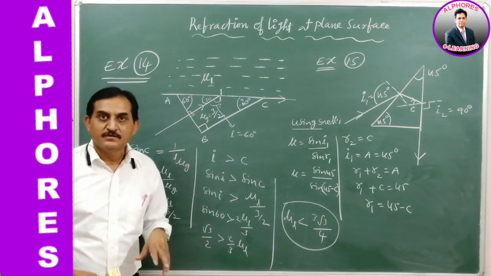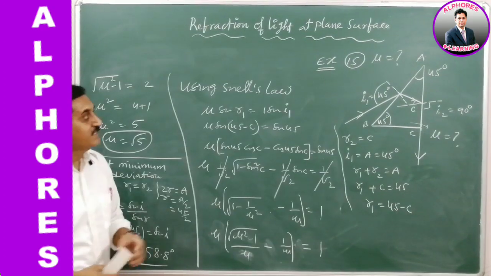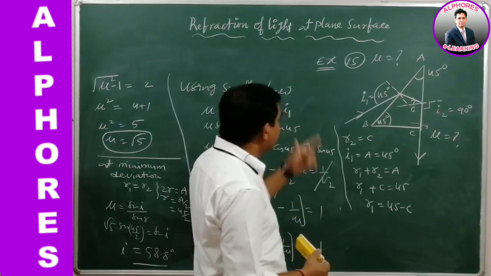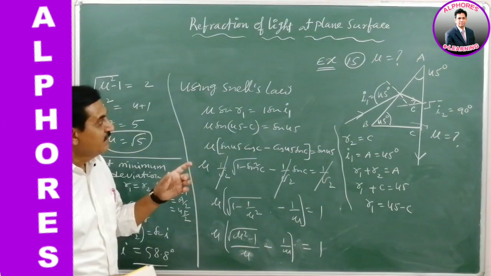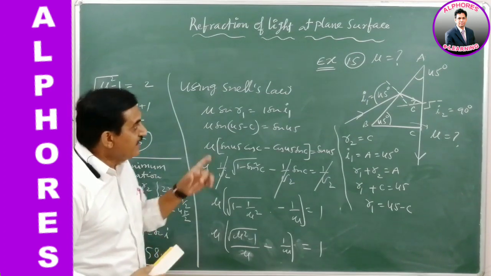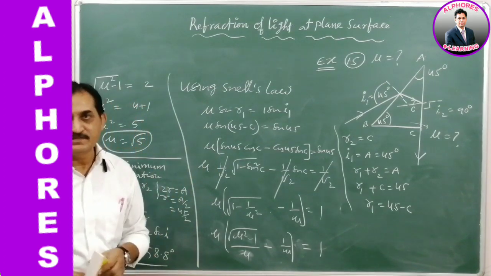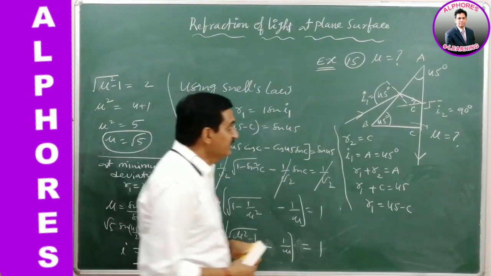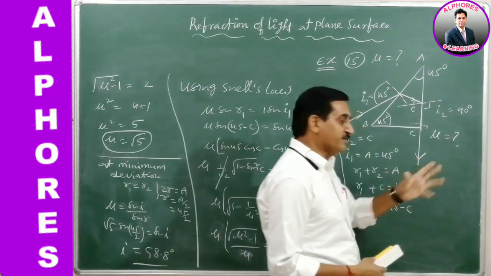Next, let us go for the next problem, the 15th one. There is an isosceles prism. Its angle of prism is 45 degree, and its refractive index is not given.